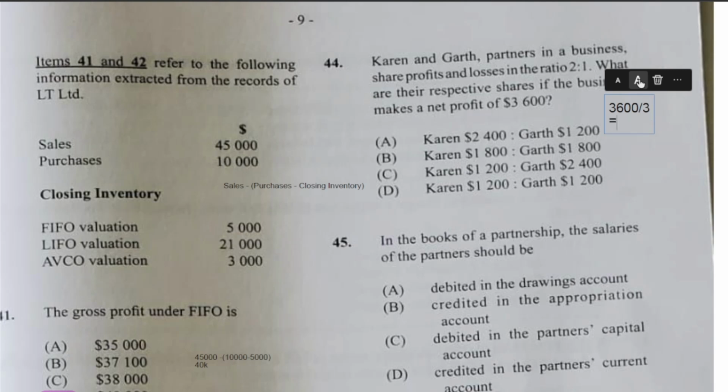So 1 share is equal to 1,200. Which means that Gart is collecting 1,200 and Karen is 1,200 times 2, and that's 2,400. If you add up these two figures, you're supposed to get 3,600.